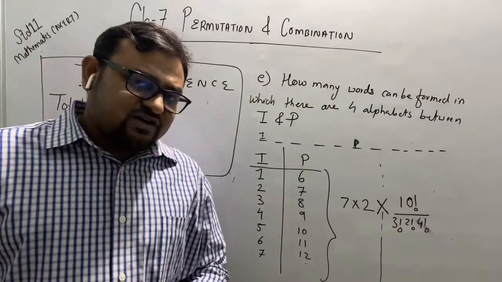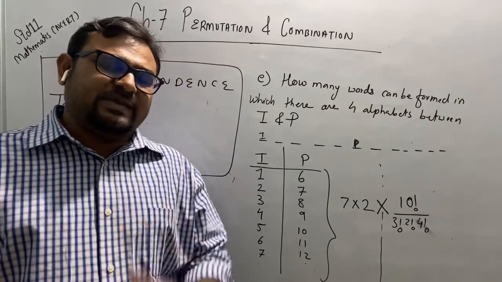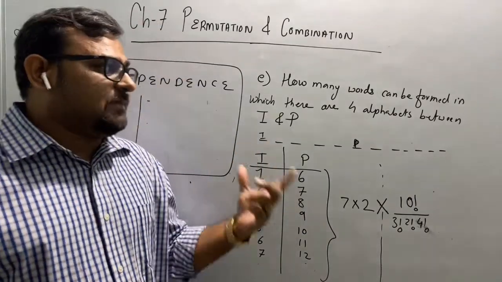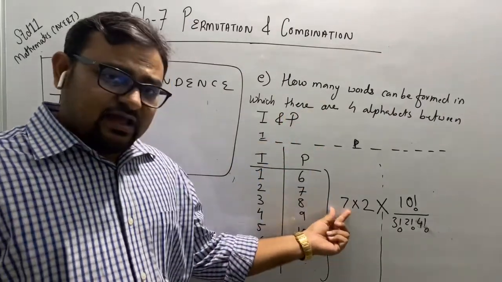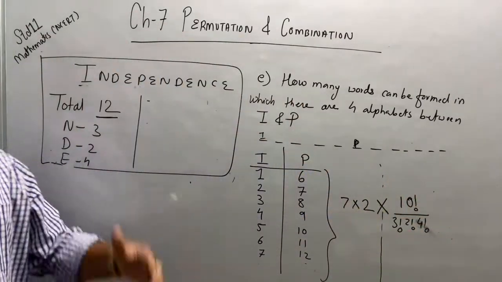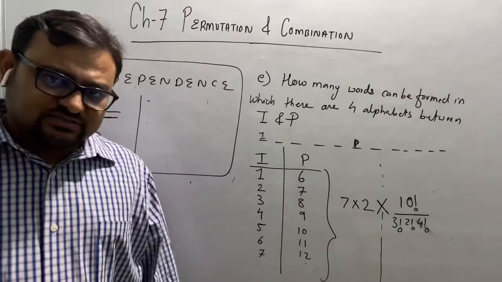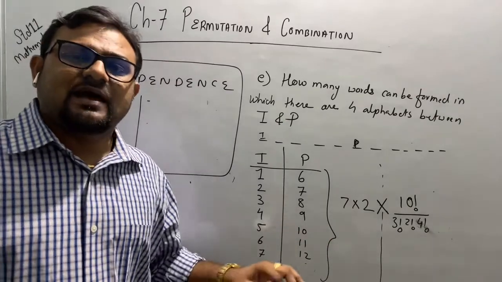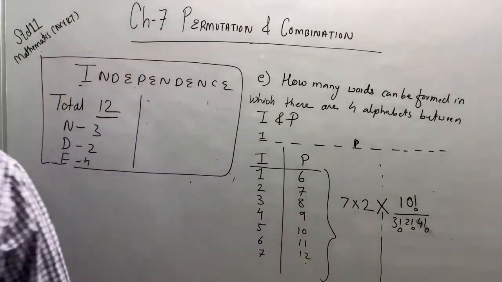What I did, first I calculated the number of ways in which I and P can be placed such that there are 4 alphabets between them. So it was 7 and exchange it. So 7 into 2. Now for the remaining 10, 10 factorial by 3 factorial by 2 factorial by 4 factorial. So you can calculate this using your calculator. But this type of sum we will do by this method. Clear? So just note down this type of sum.